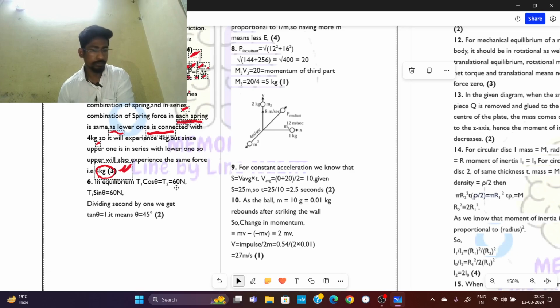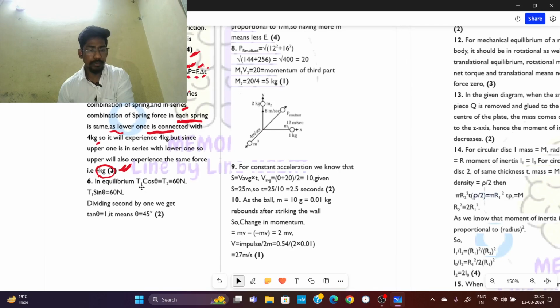So if we draw the free body diagram and take the solution, the horizontal component of T1, tension 1, working in the 2 meter rope, is equal to the second tension T2 working in the rope. And T2 is equal to the weight suspended from the rope, so it will be equal to 60 Newton.